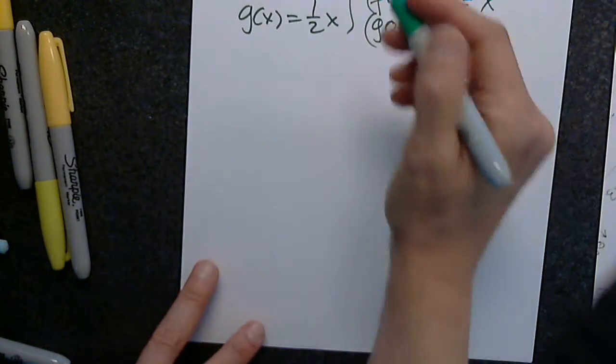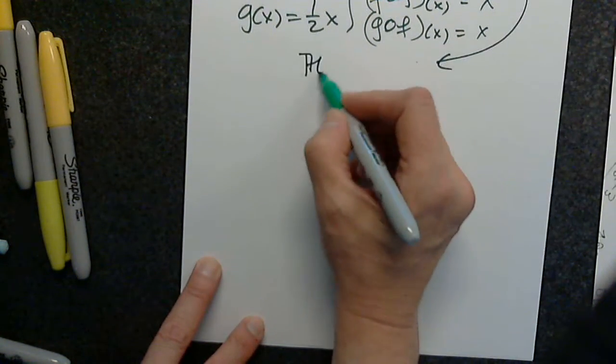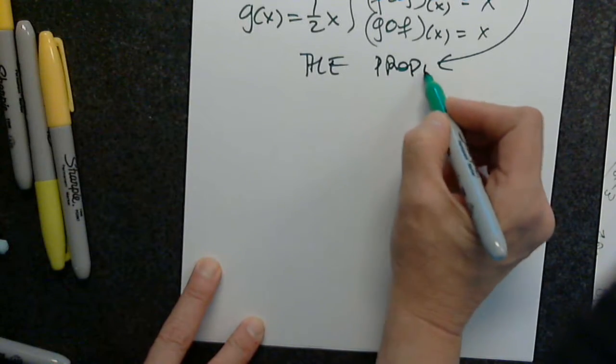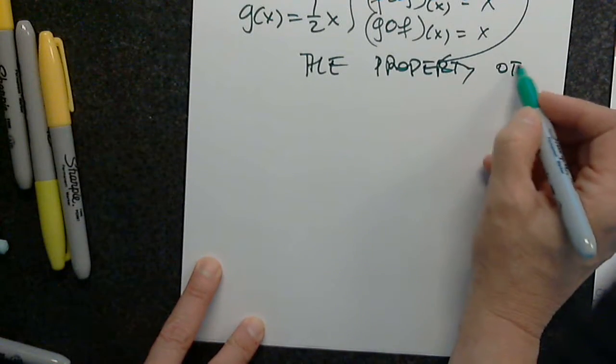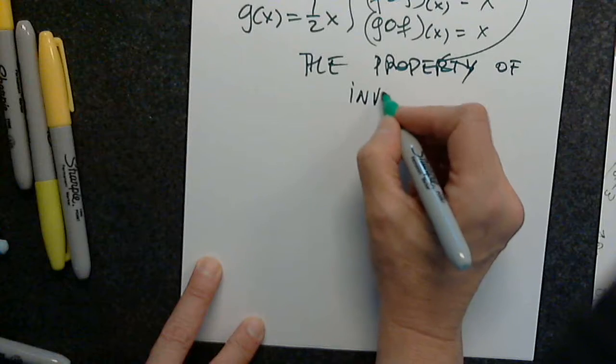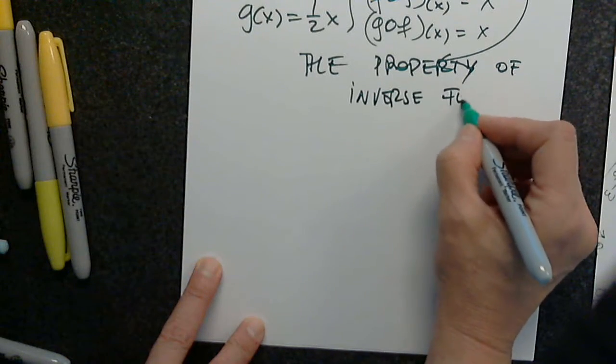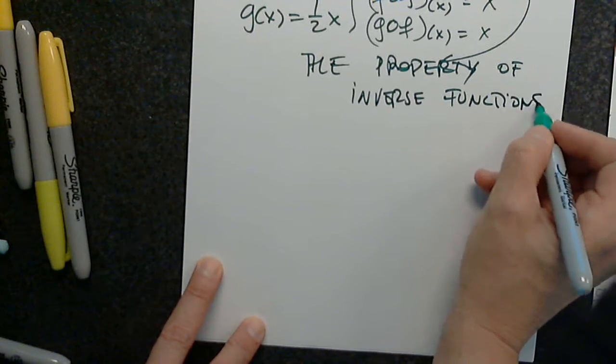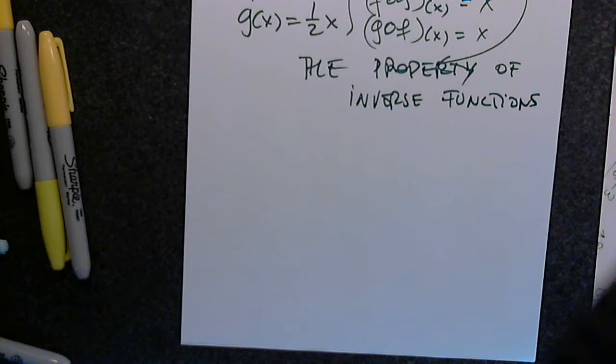So this is called the property of inverse functions. So if I'm given two functions and I create a function composition and I get x, then I know they must be inverses of each other.